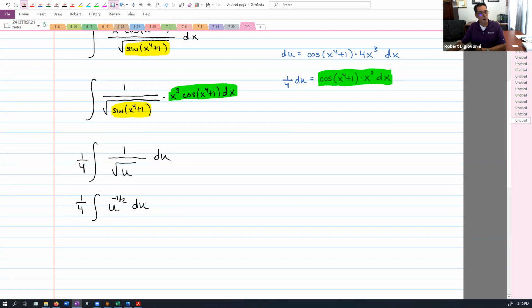And now I can apply the power rule. So no more integral sign, 1/4 comes for the ride. I'm going to have u, I need to add 1 to -1/2. So I'm going to add 1, it gives me 1/2. I have to multiply by the reciprocal out front, 2 over 1, and I have to do plus c.